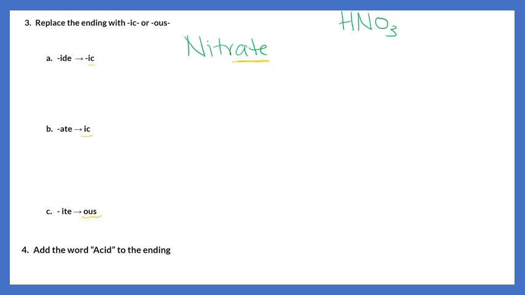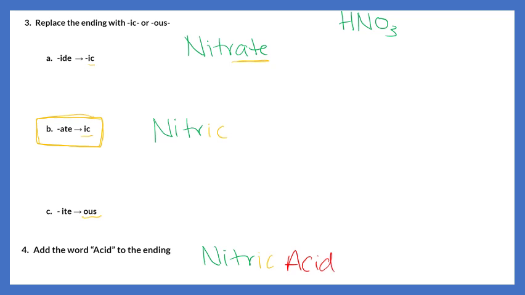We have an ate ending, so that means we're looking at option B. So we want to turn our ate into ic. So we're going to write nitric. Okay, so our nitrate has turned into nitric because we're changing that ending. And step 4 says we're going to add the word acid. So we have nitric acid.